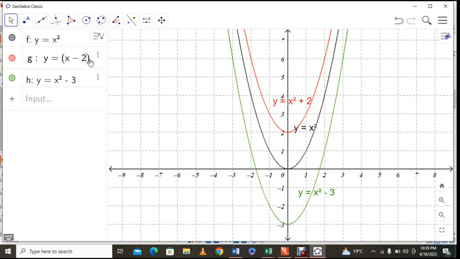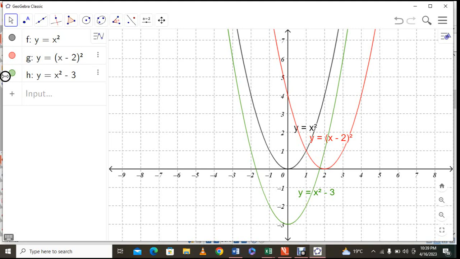Then I raise the whole thing to the power of 2. Now you will see that the red graph has moved to the right, so that is negative.